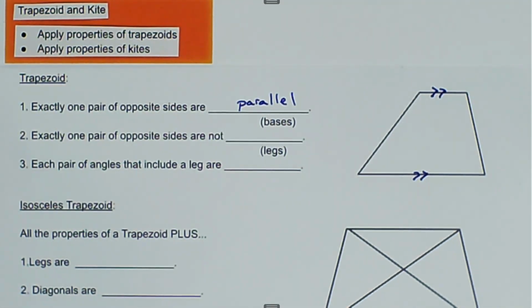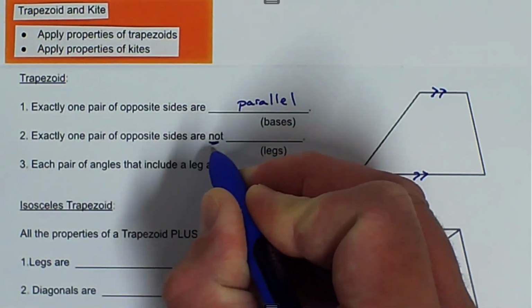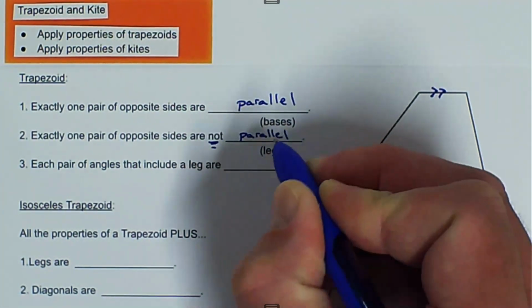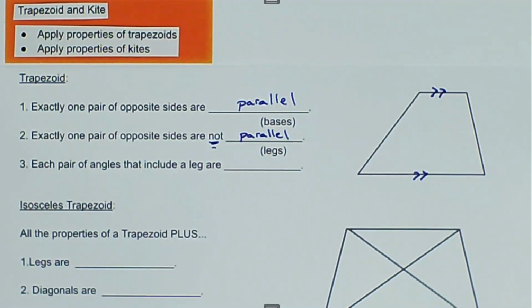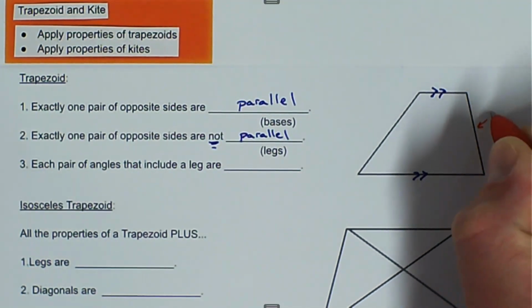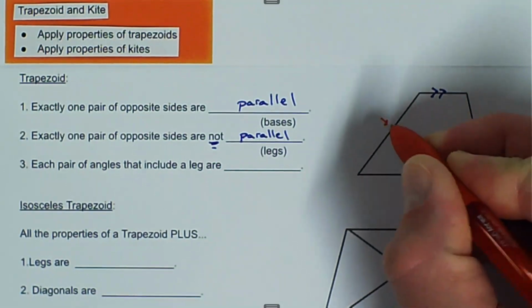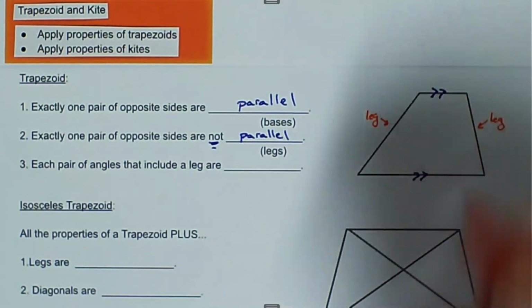We have exactly one pair of opposite sides that are not parallel, and those are referred to as legs. So here is a leg, and here is a leg.